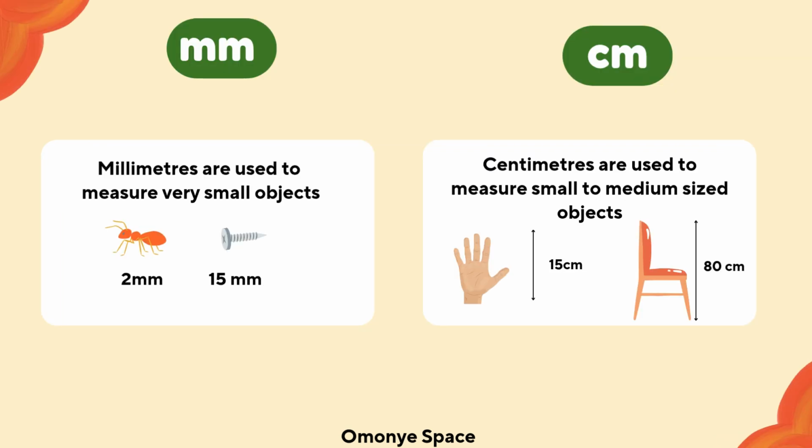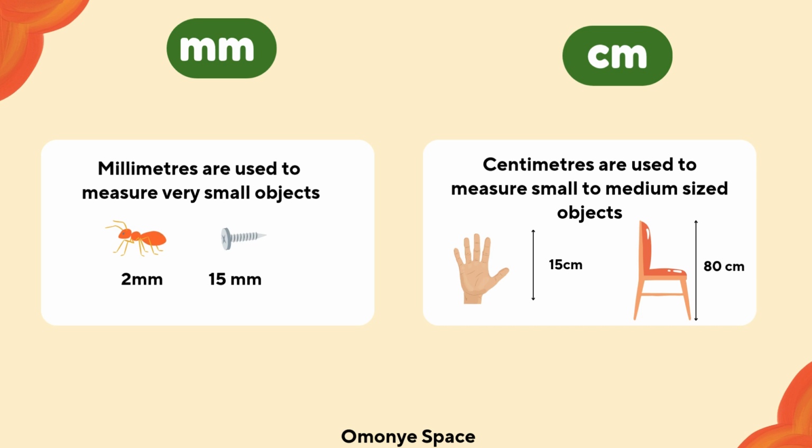As we can see, millimeters are used to measure very small objects. We can see examples of objects that we can measure in millimeters. Centimeters are used to measure small to medium-sized objects.